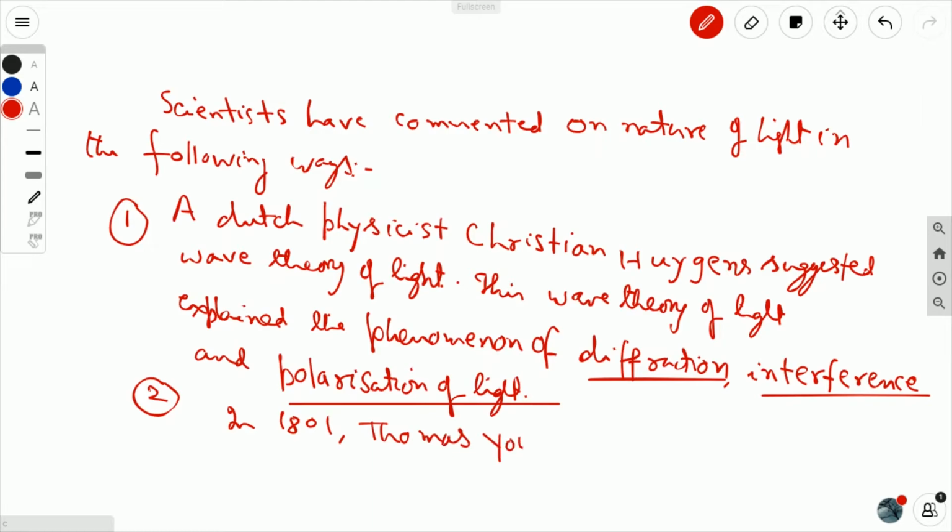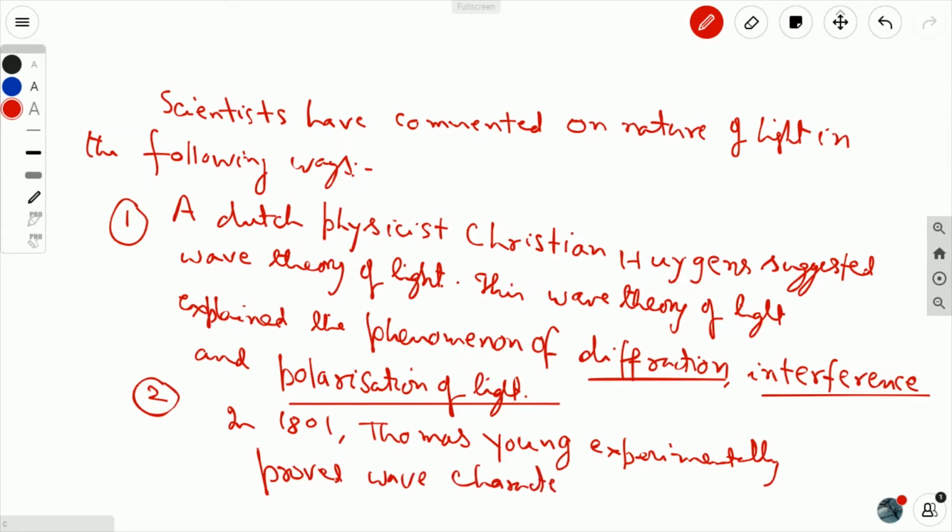He experimentally proved the wave character of visible light.